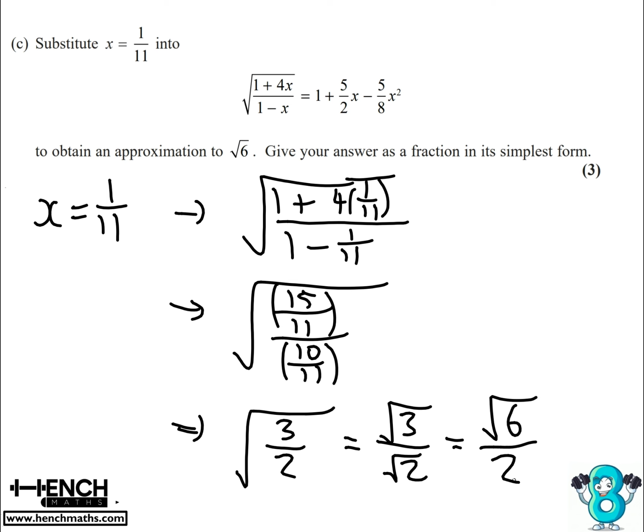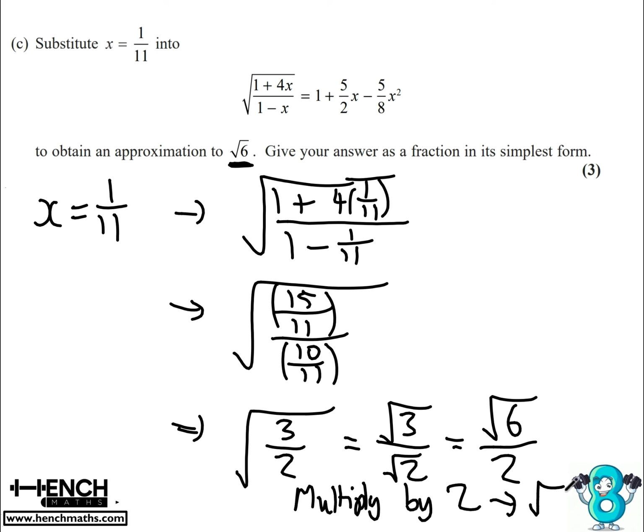Effectively, this has just shown that if we sub an 11th into our root, we get an expression that's root 6 over 2. It wants us to approximate root 6, so we're going to need to multiply by 2.